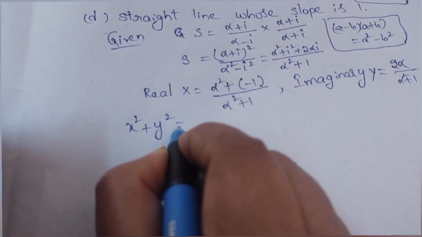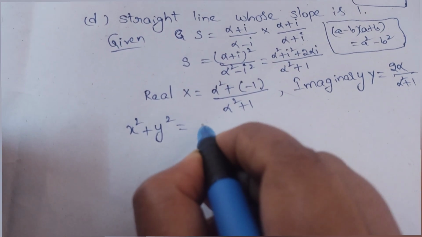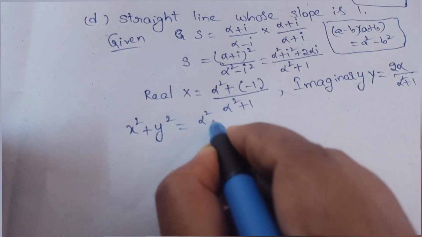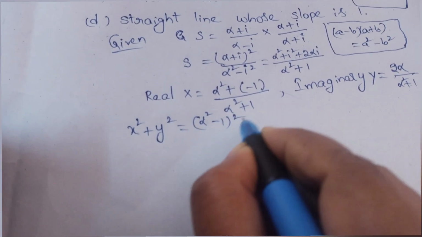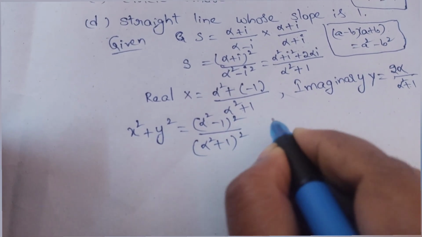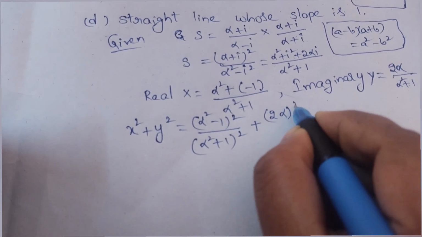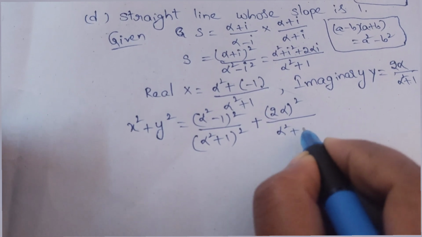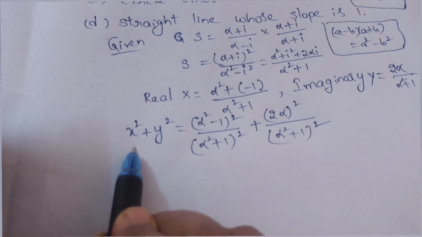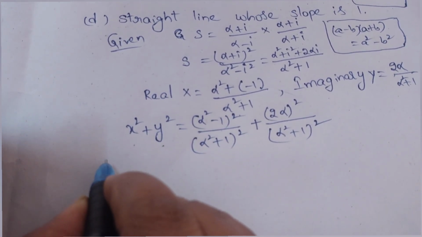When I add x square and y square, what do we get? x square is alpha square minus 1 whole square divided by alpha square plus 1 whole square, and y square is 2 alpha whole square by alpha square plus 1 whole square. So I substituted the x and y values. Now it is in the form of a minus b whole square. Expand this one.